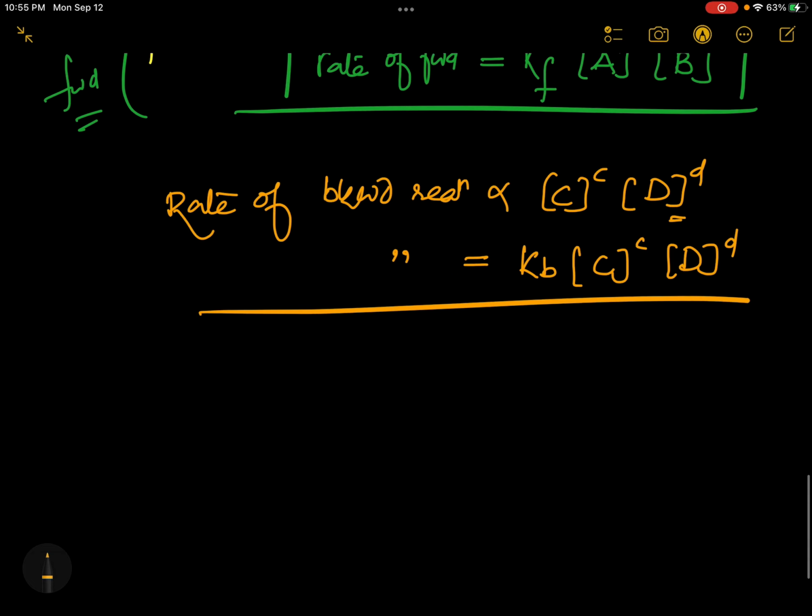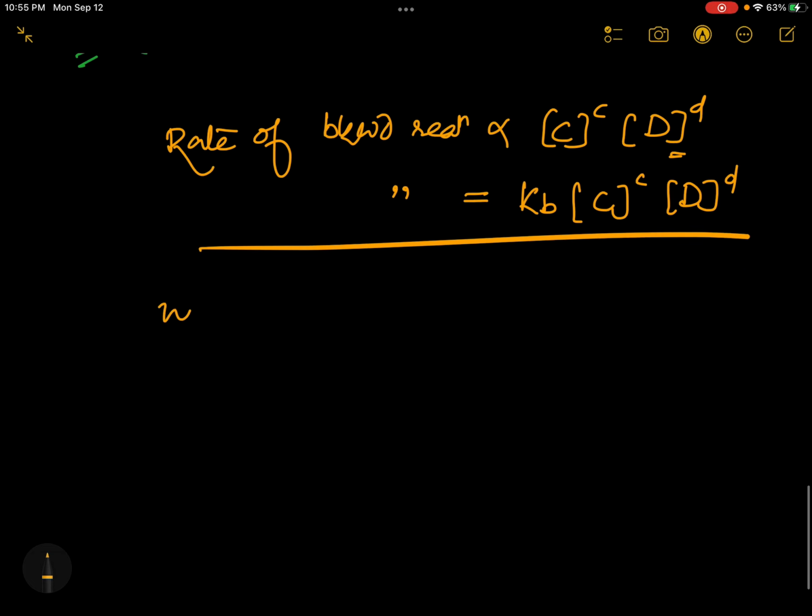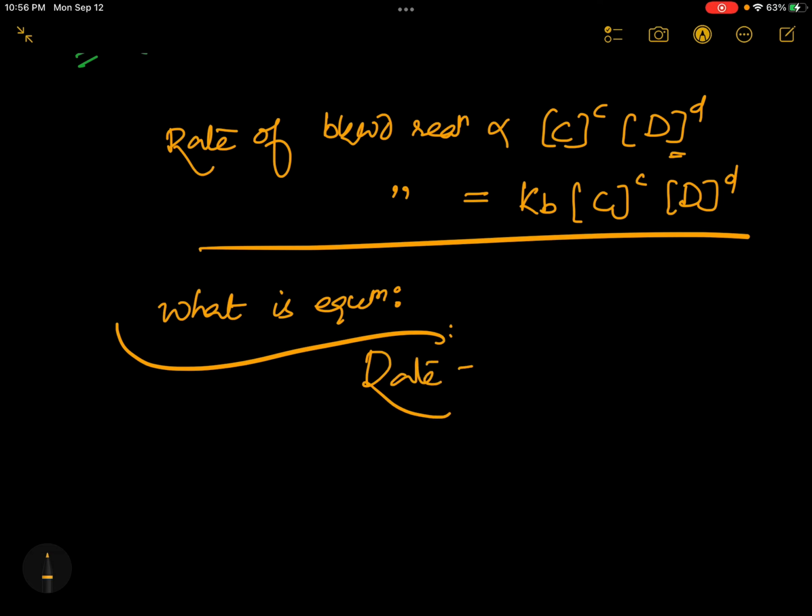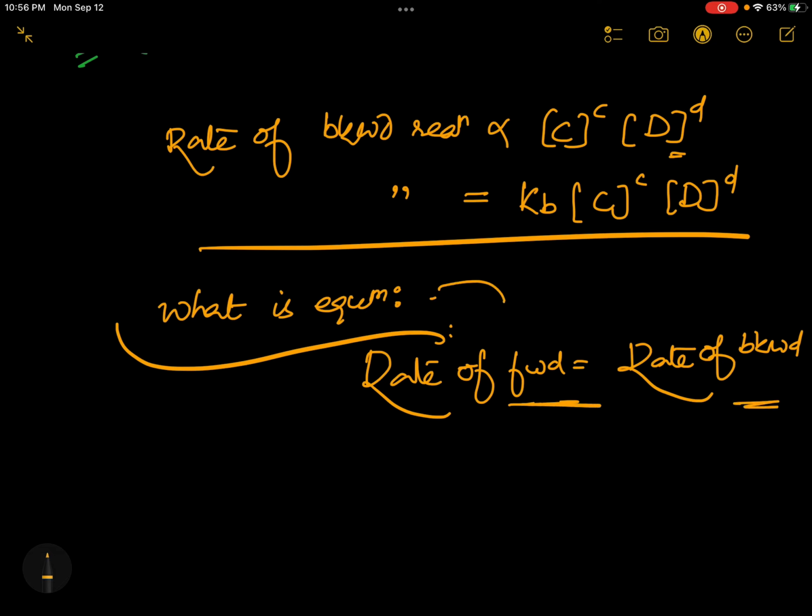So the question is, what is equilibrium? Equilibrium means the rate of forward reaction is equal to the rate of backward reaction. When the rate of forward reaction and the rate of backward reaction are the same, that particular state is said to be the equilibrium state.